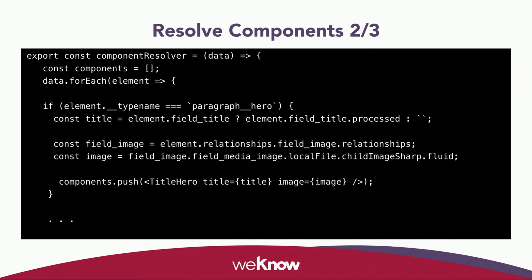As you can see, my React component only receives props, key value objects. So the developer working on the React side doesn't have to worry about knowing Drupal at all. It's only React components that receive props with key values.